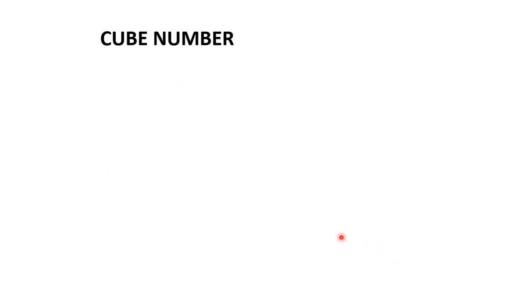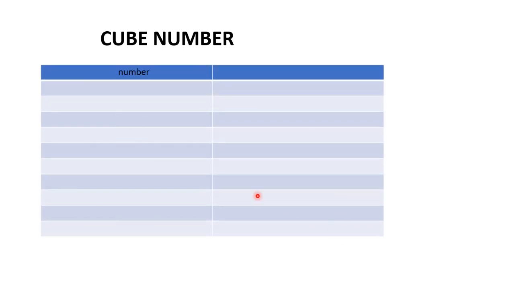So let's take some cube numbers. When we take 1 cube, that is 1, 2 cube is 8, 3 cube is 27, 4 cube is 64, 5 cube is 125, 6 cube is 216, 7 cube is 343, 8 cube is 512, 9 cube is 729, 10 cube is 1000.